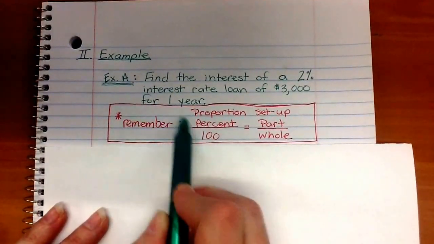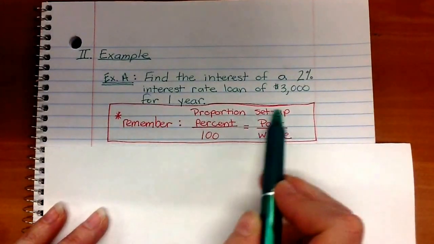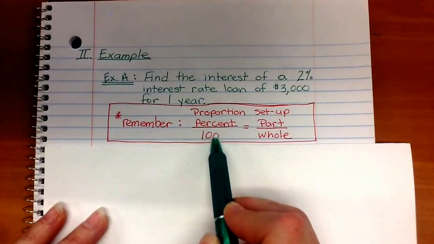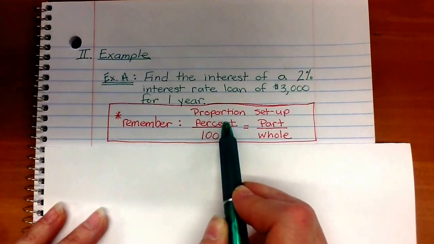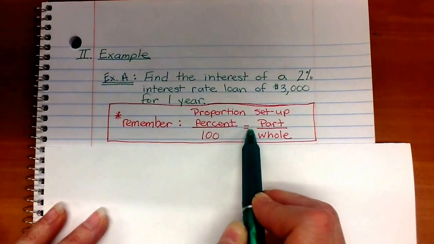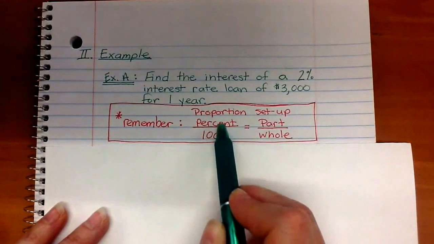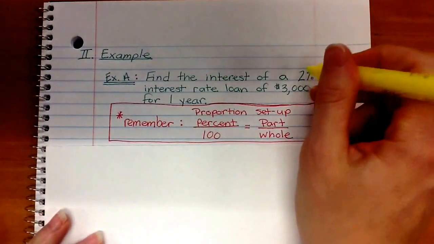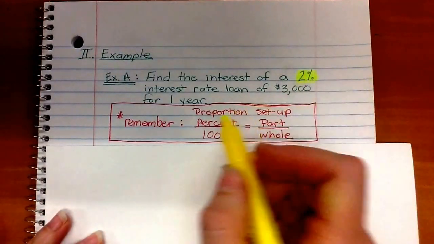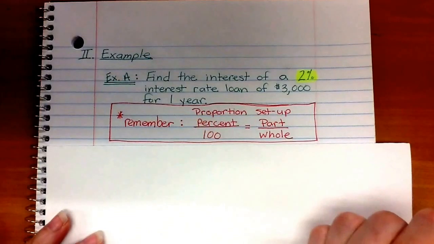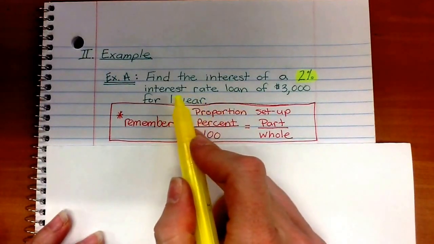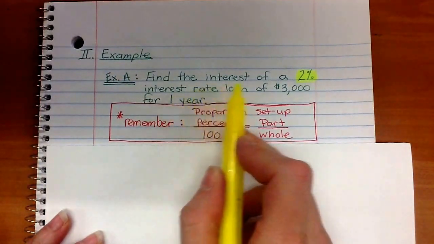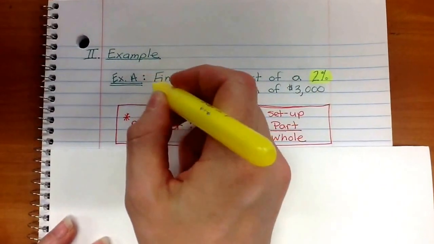So I want you to remember that our proportion setup should be percent over 100, because remember percent is per 100, equals part to whole. And anytime you see a percent symbol, this is going to represent our first proportion. And then you look and decide on your second pieces of information. So I know I have a 2% interest rate.